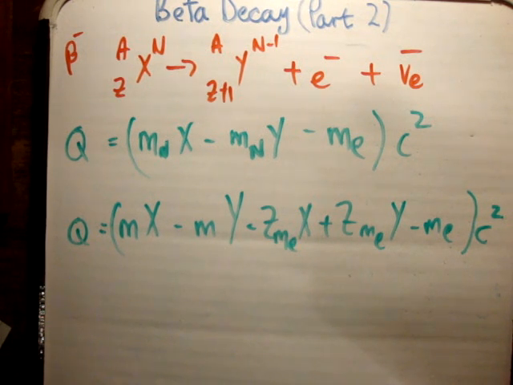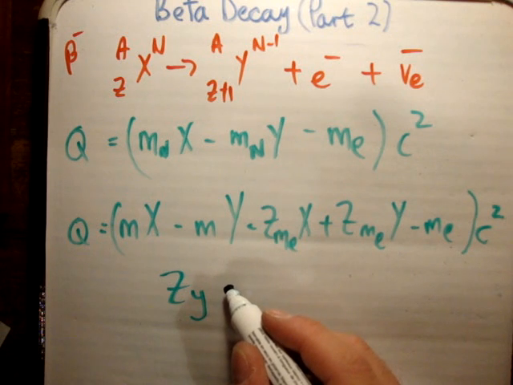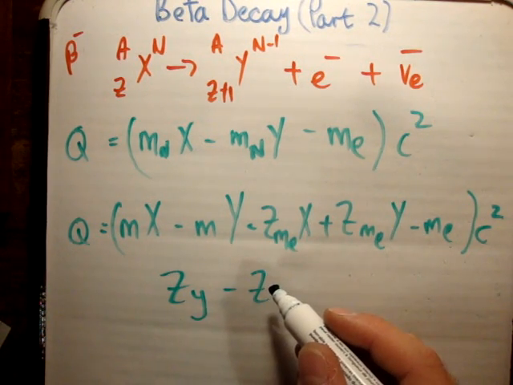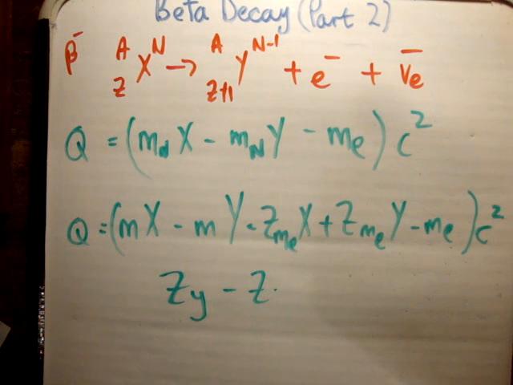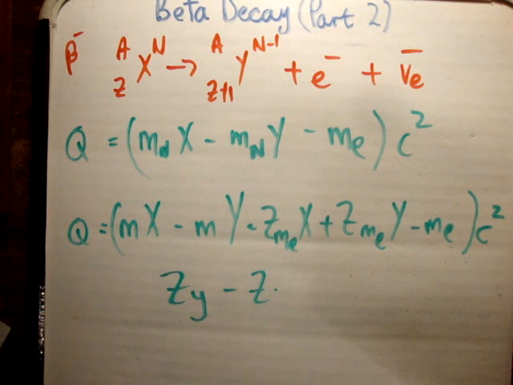Alright? But the number of protons for Y minus the number of protons, let me think, what have I done here? The number of protons for Y, oh excuse me, I did that again. Number of protons for X. Just bear with me, I'm just looking at my notes here and after spotting a small typo.